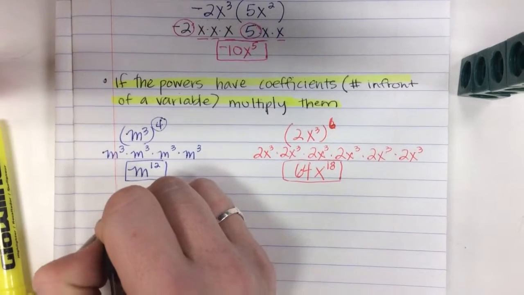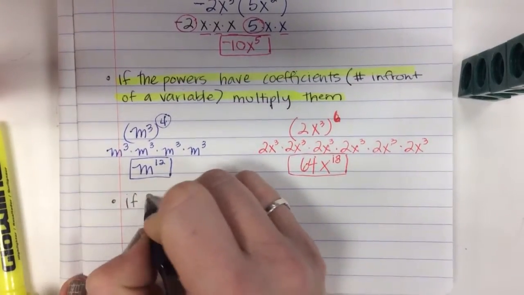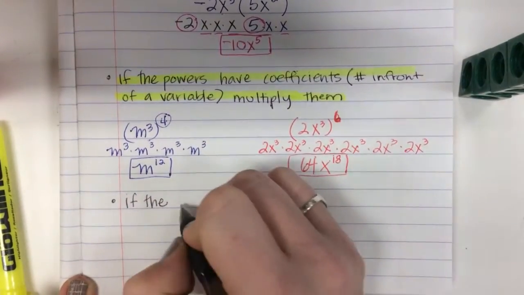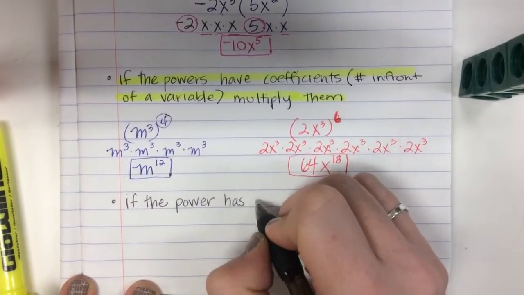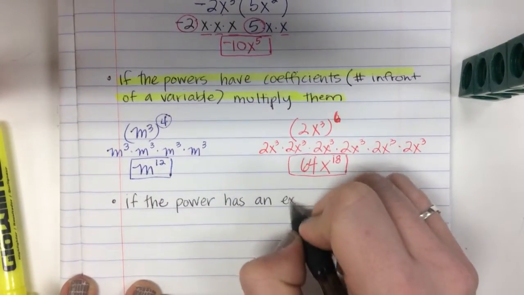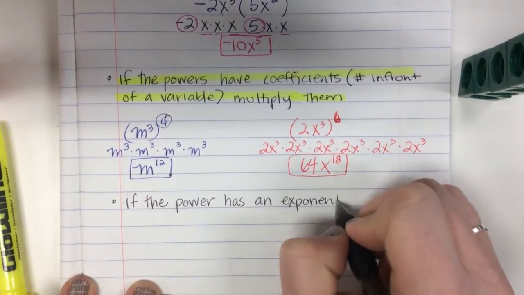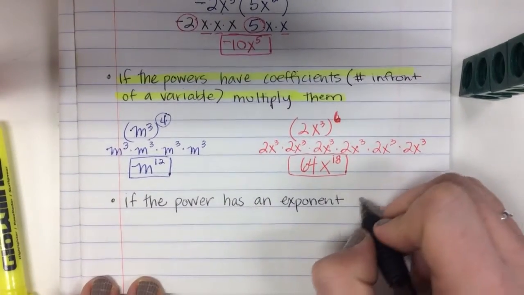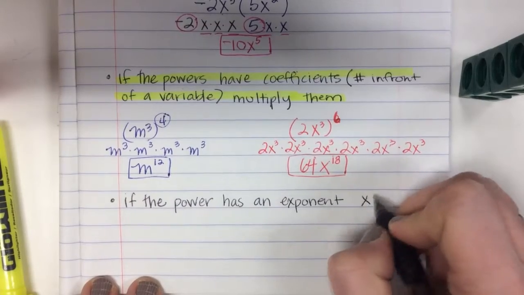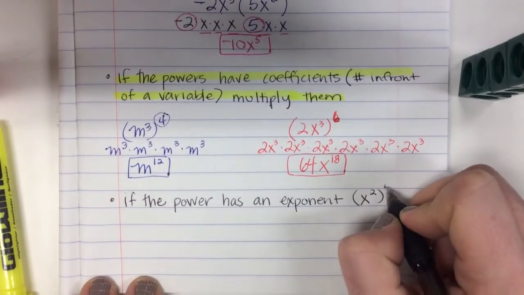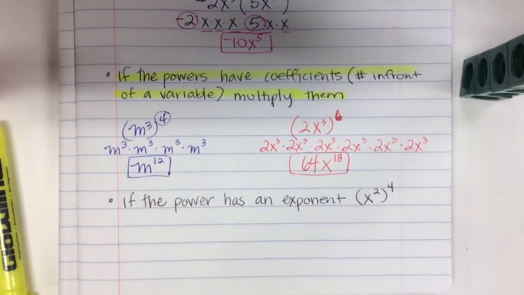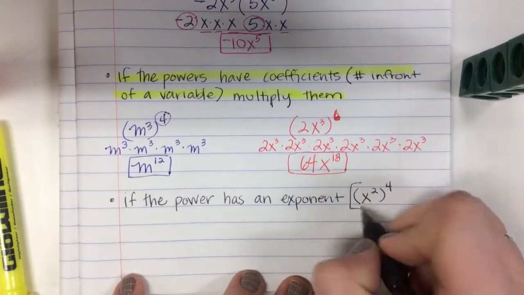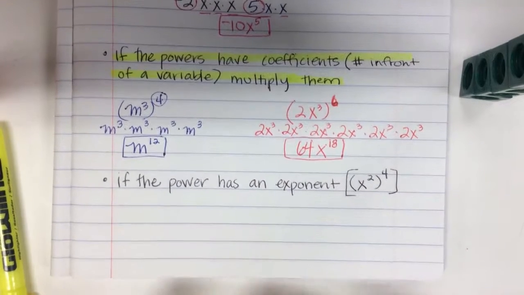So, is there a rule if the power has an exponent? Meaning this. If the power has its own exponent.